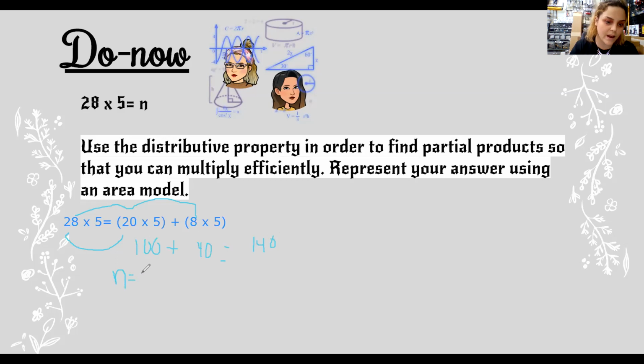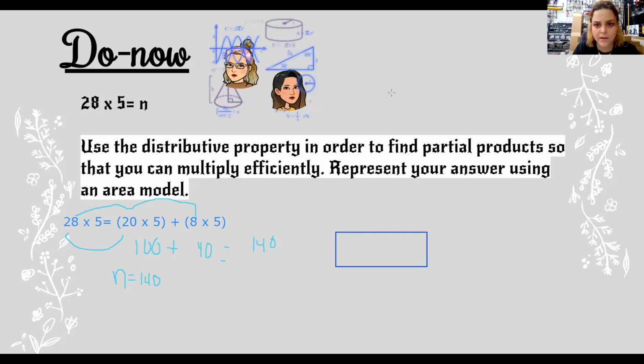But remember, I want to use an area model to ensure that I'm getting the correct product, right? I'm finding my product. So I'm going to draw out my area model. I'm going to use a different color, mix it up a little bit. Let's do a dark blue. I multiplied 5 times 20 is my first equation.